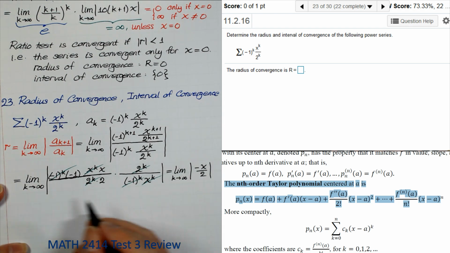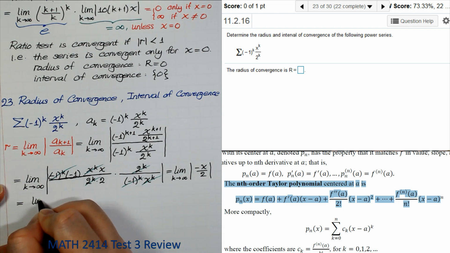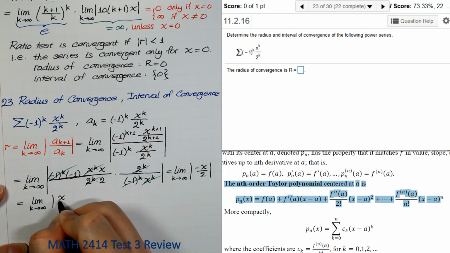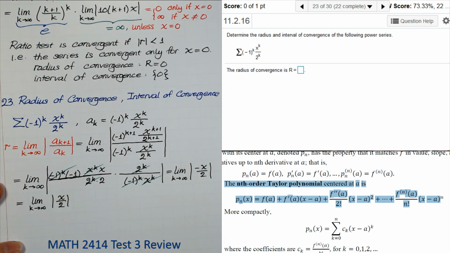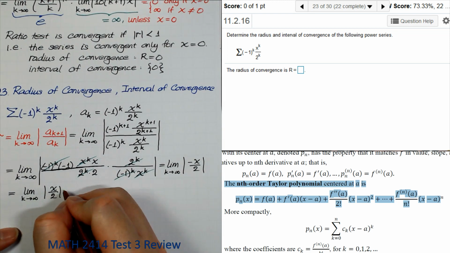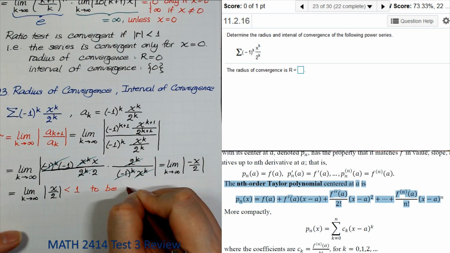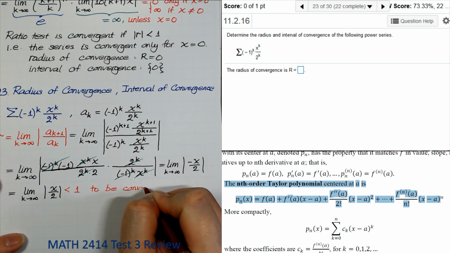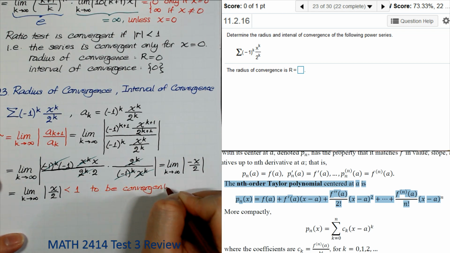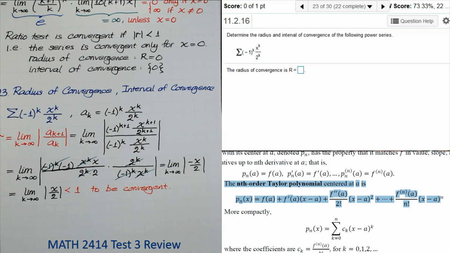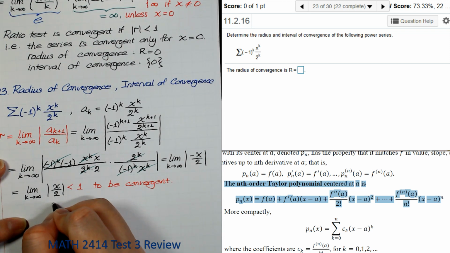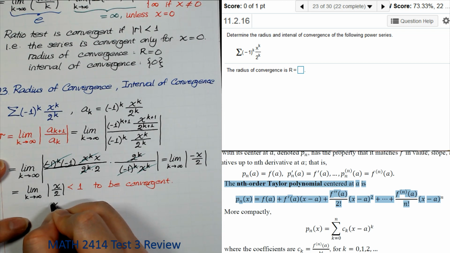So the absolute value of negative is the same thing as the absolute value without that negative. If we want convergence, this will be less than 1 for it to be convergent. Less than 1 for the series to converge. By the way, we don't need to write the absolute value of 2.